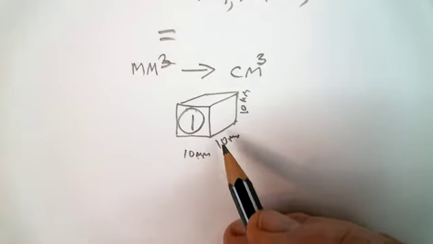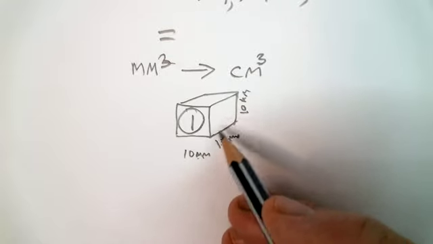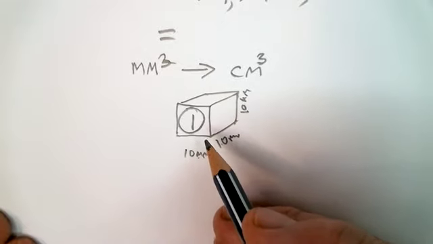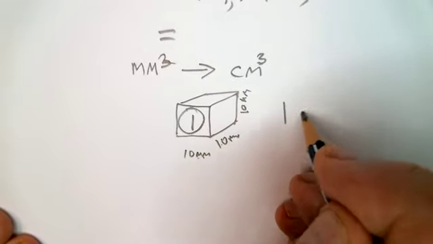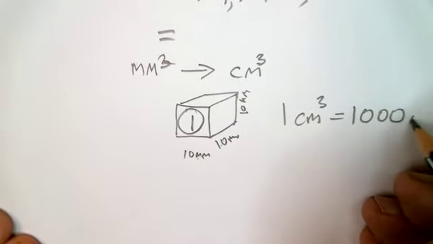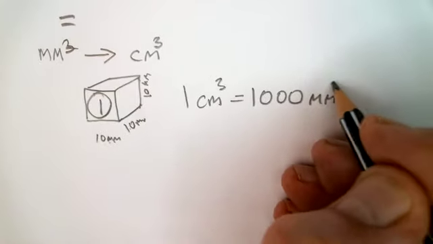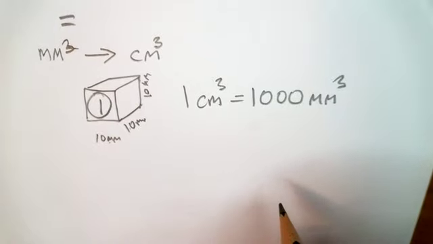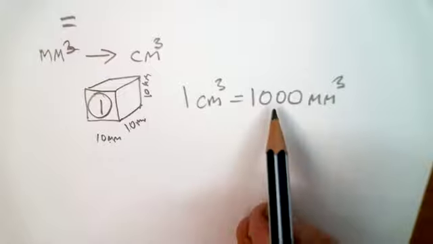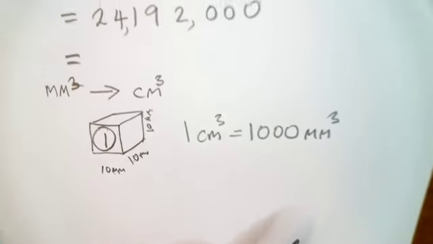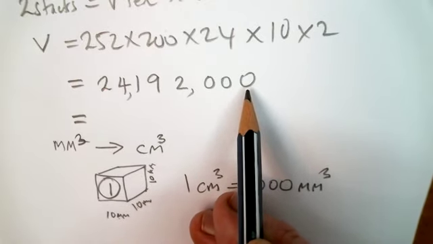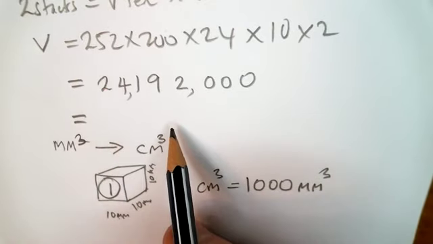So we're going to have to lop off 1,000-fold. 1 cubic centimeter is equal to 1,000 cubic millimeters, which means this number expressed in cubic millimeters is 1,000 times more than the same thing expressed in cubic centimeters.